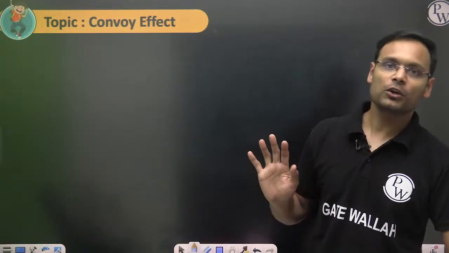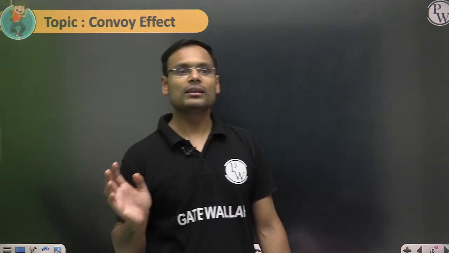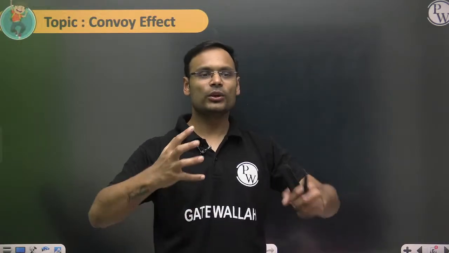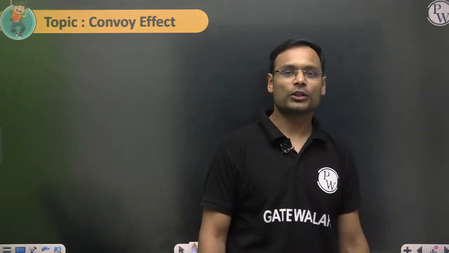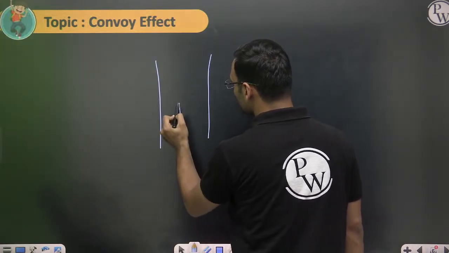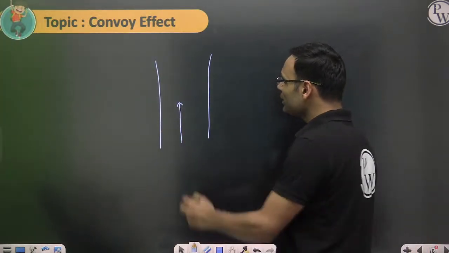If one auto rickshaw goes, which is very slow, of course, then all the cyclists, bikers, and car drivers go slow because of that auto rickshaw.